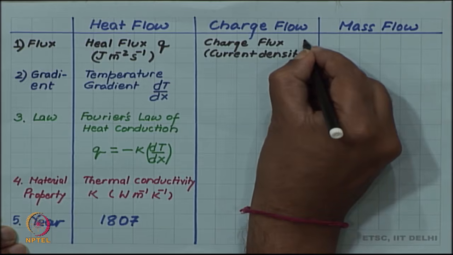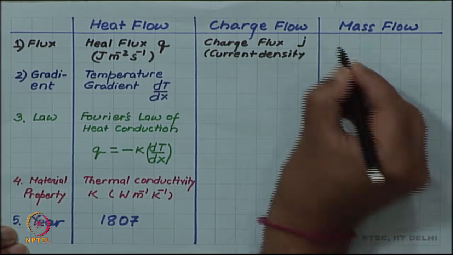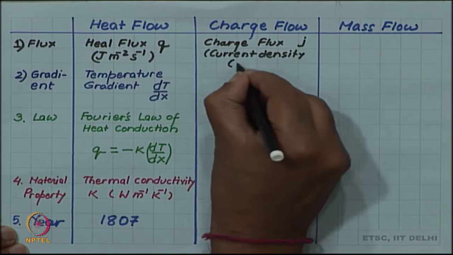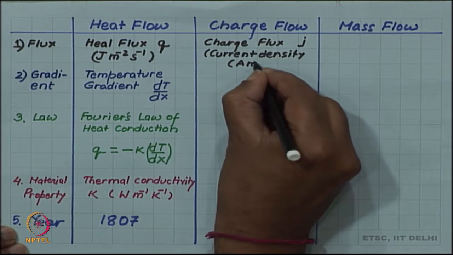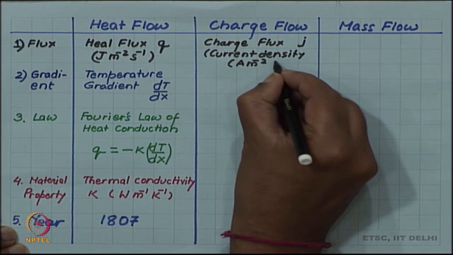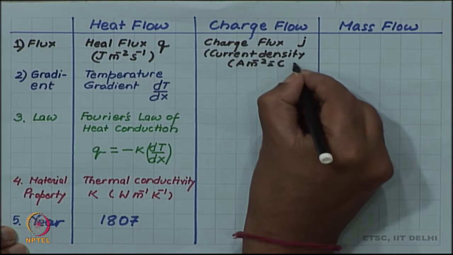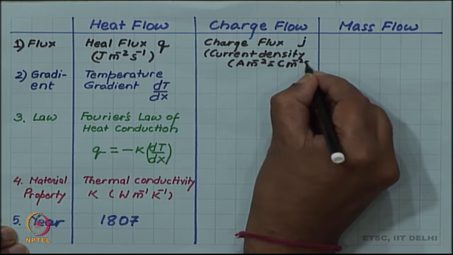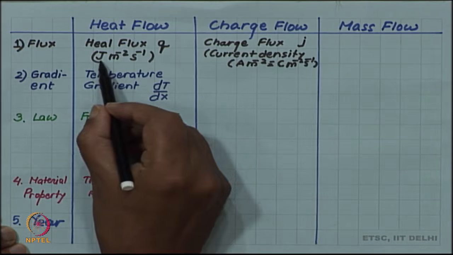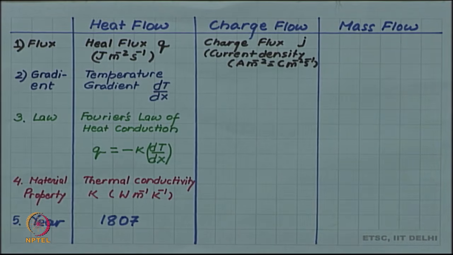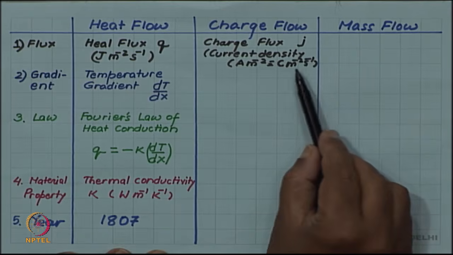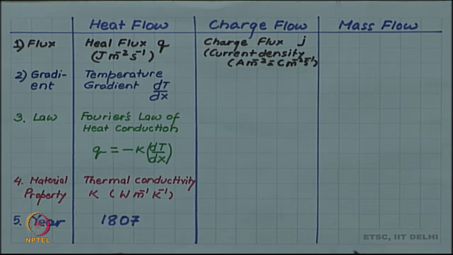This is given the symbol J, and the units will be ampere per meter square, which is actually the same as coulombs per meter square per second. You can compare it: joules per meter square per second there, here it is coulombs per meter square per second.